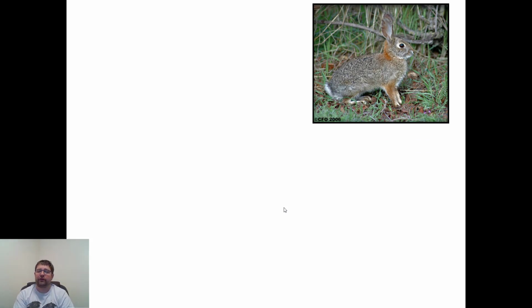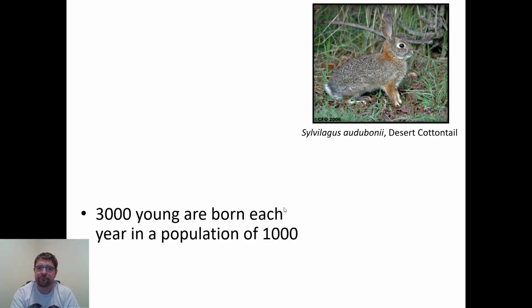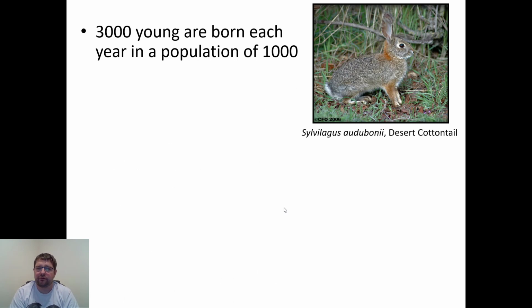Okay, so let's just take an example. Let's say we're interested in desert cottontails, Sylvilagus audubonii. And we have a calculation like this. These numbers are not that difficult to get a hold of. Okay, if you do mark recapture and if you examine a population for a long period of time, you can get numbers and you can get an idea of what's going on in the population.